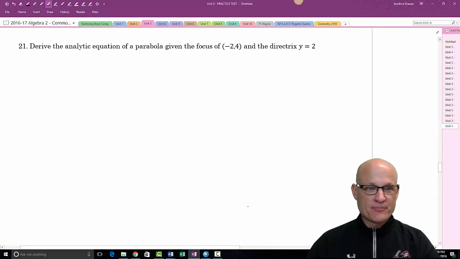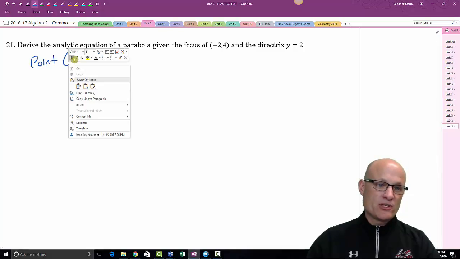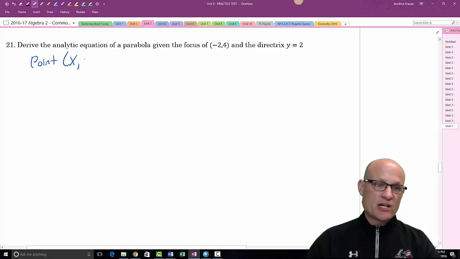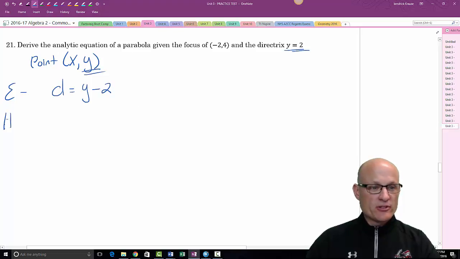And some screaming. So we're going to do the easy one. First thing I do is pick a point. Point's going to be x comma y. We're going to find the easy distance. D equals y minus 2. Now we're going to find the harder distance.